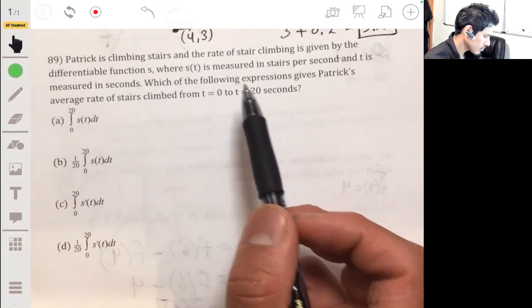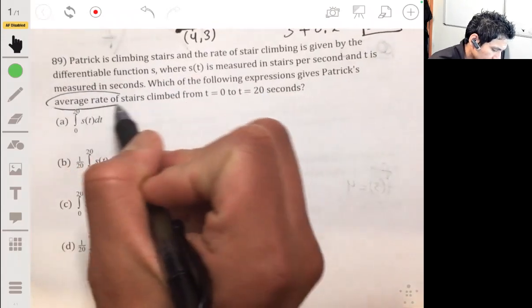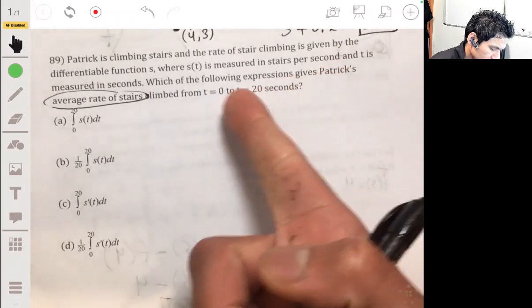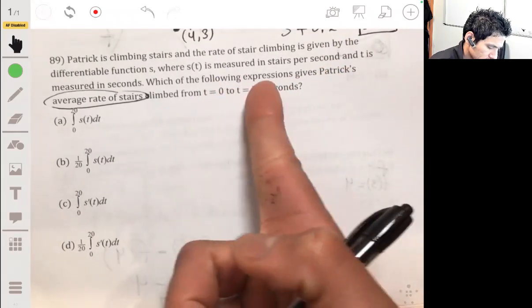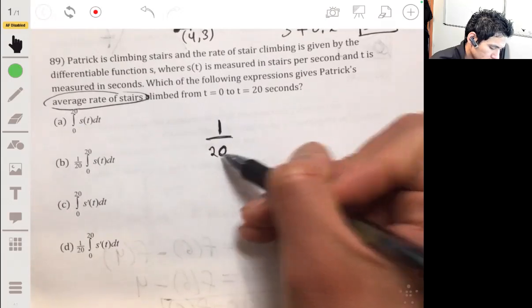Okay, so the key is average rate of stairs climbed. Since we are taking the average from 0 to 20, we know we're going to multiply this by 1/20th.